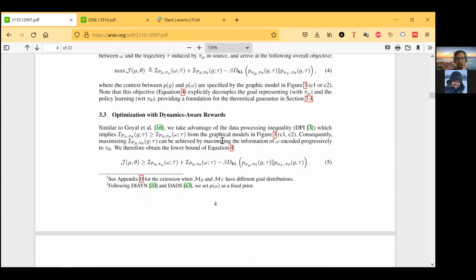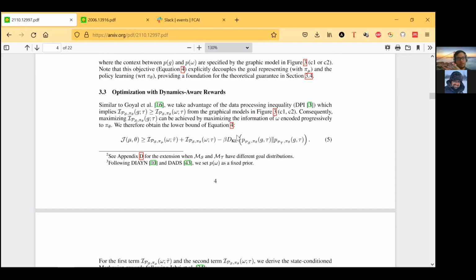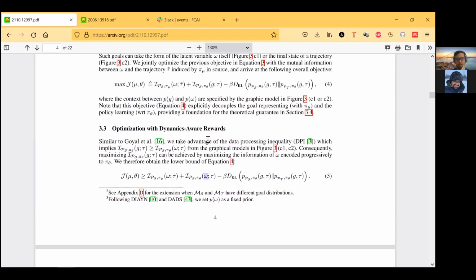If you have this kind of Markov chain, then additional transformations cannot increase information, and so the mutual information between this and this is higher than the mutual information between this and this. This is the inequality they use to bring back the mutual information of omega here instead of the goal.